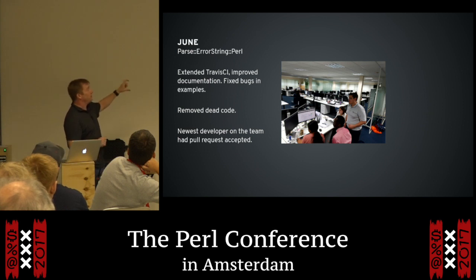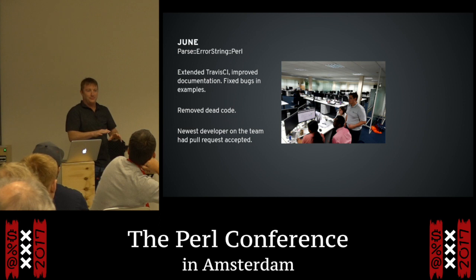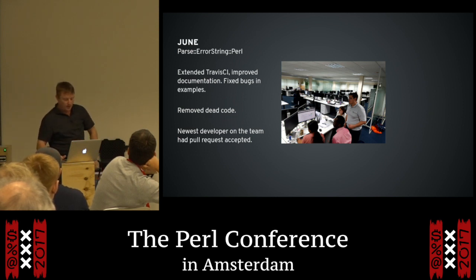And the really cool thing was the author accepted it that night before we even left the building. And this person had never touched CPAN. I don't think they'd even installed a CPAN module. But within that evening, they'd learnt about it, written a change, and got it accepted by the author. It was really cool.